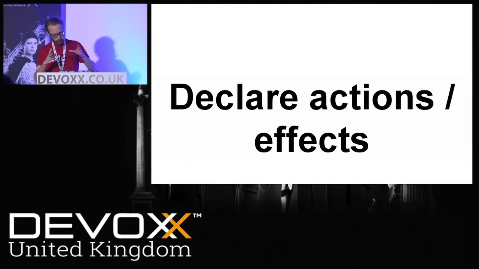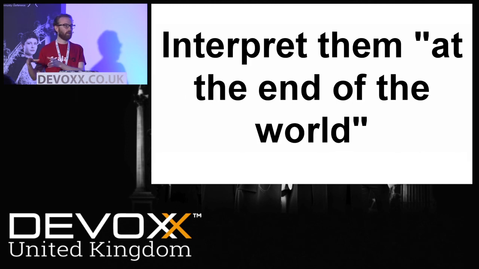So in one part of the code, you just declare what you want your system to do, like insert that, stuff like that. And then you push back the interpretation, what we usually call the end of the world. So you keep a mostly pure core and push side effects at the boundary of this core.